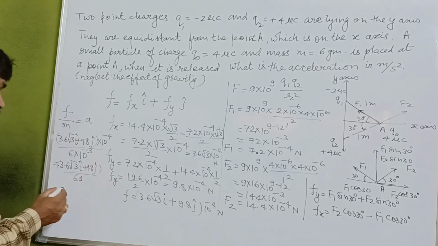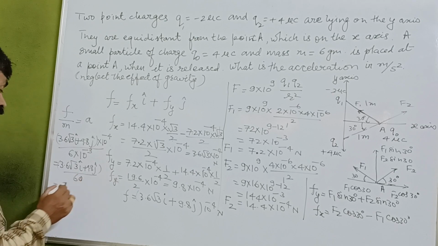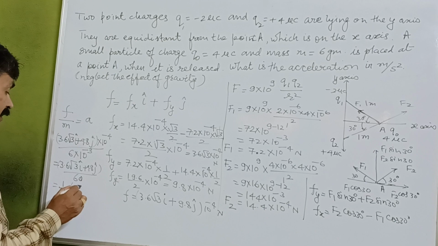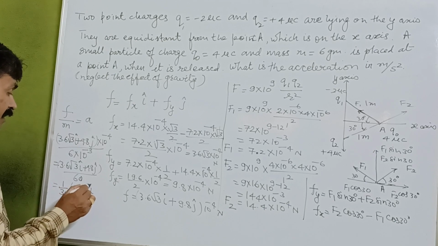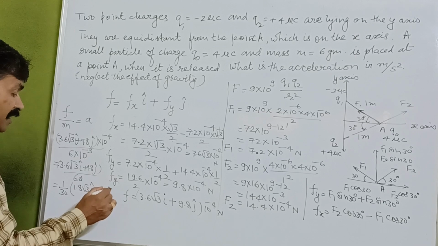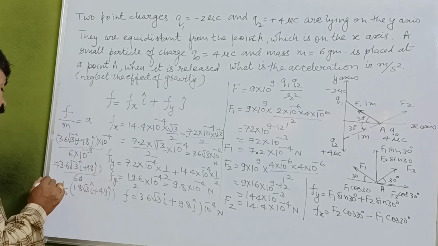Now if we simply finalize it, it is 1 upon 30, 1.8 root 3 i cap plus 4.9 j cap, which is the acceleration which we are having.